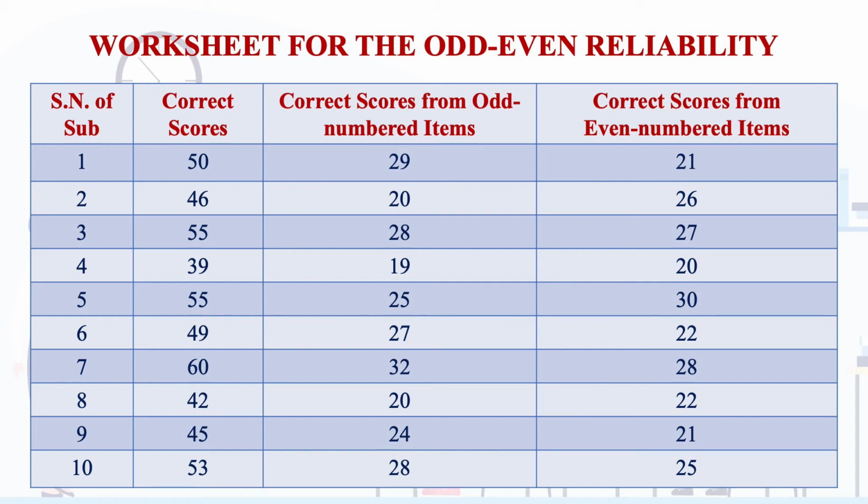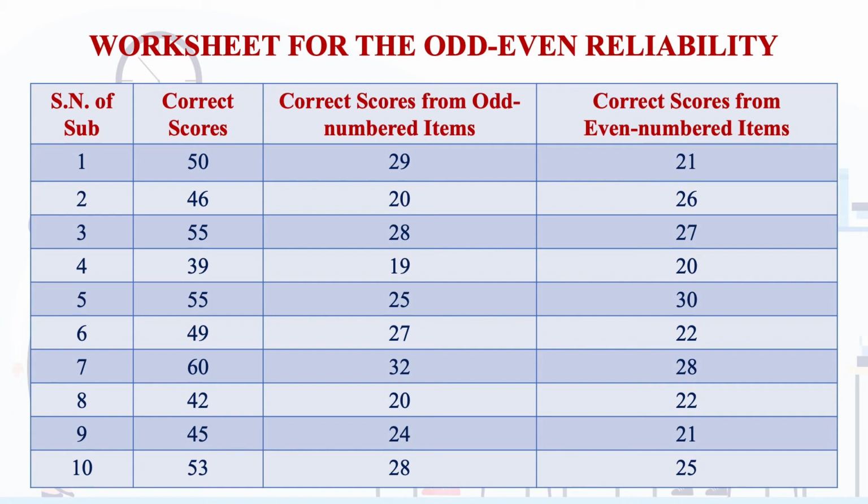And here, as an example, you see subject number 1 had secured a score of 50, and the correct score from odd number items, let it be 29, and correct scores from even number items, let it be 21. Then accordingly, for subject 2, the total score is 46, from odd items 20 and from even items 26. Then you have to split the total score into two equal halves.